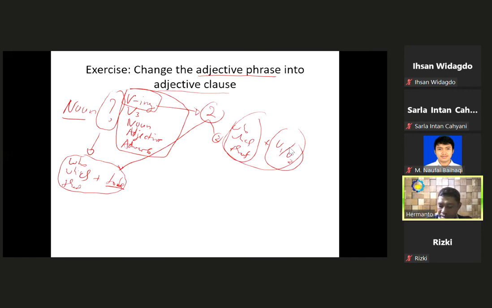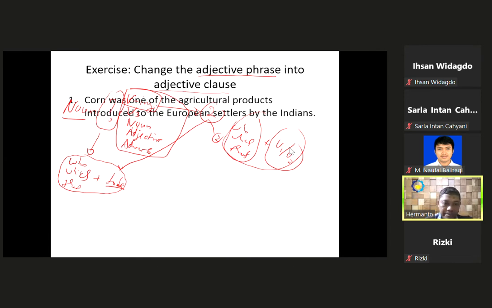Now let's begin with the first problem. First of all, please try to identify the noun first. Next, what words follow this noun, whether it is verb ing, verb 3, noun, adjective, or adverb. And after that, there must be something missing between these 2 words.